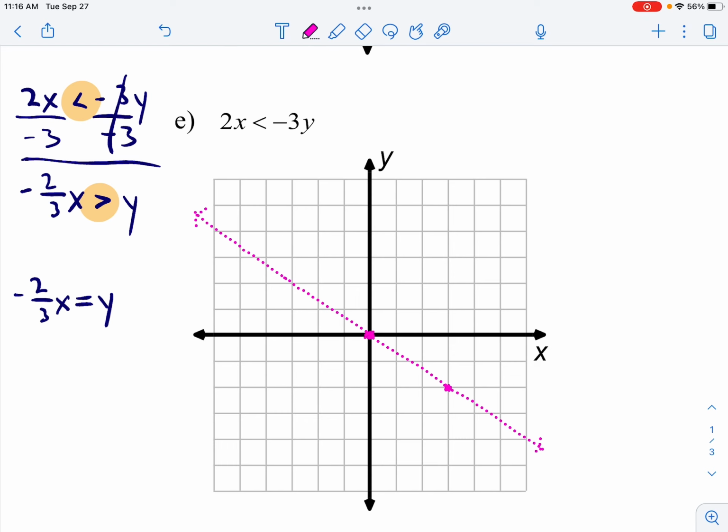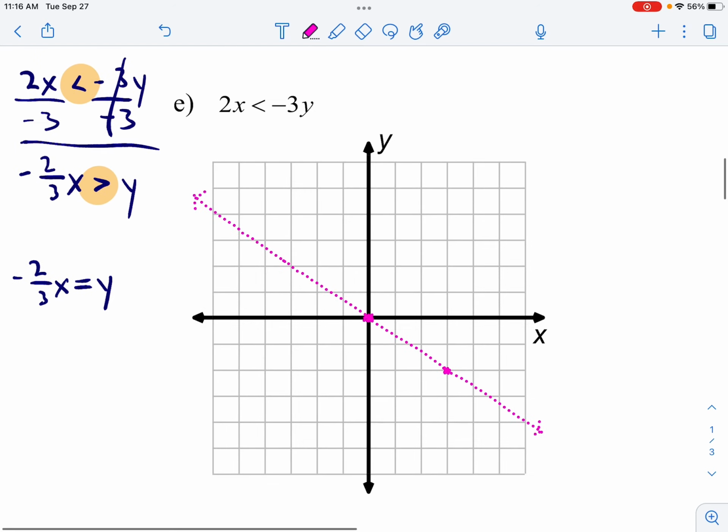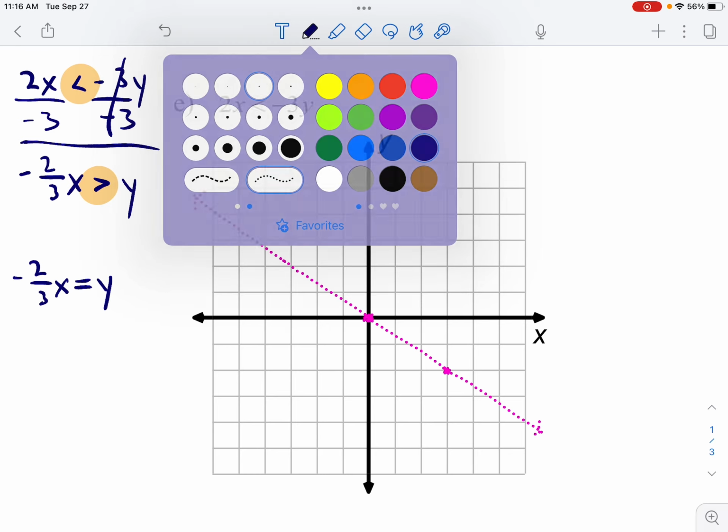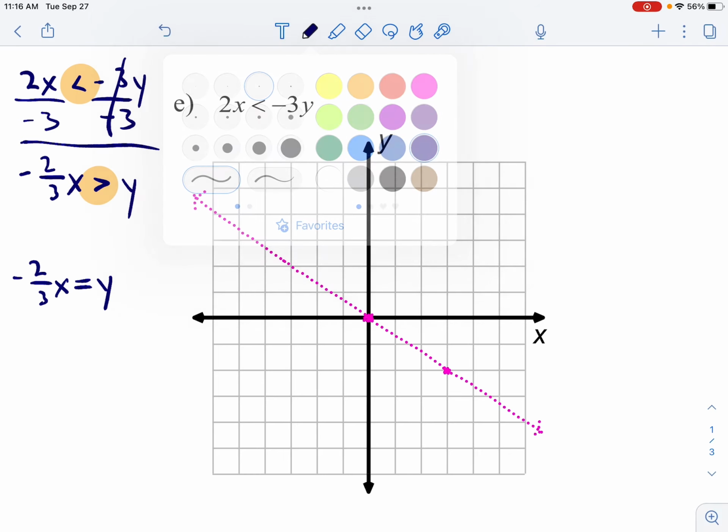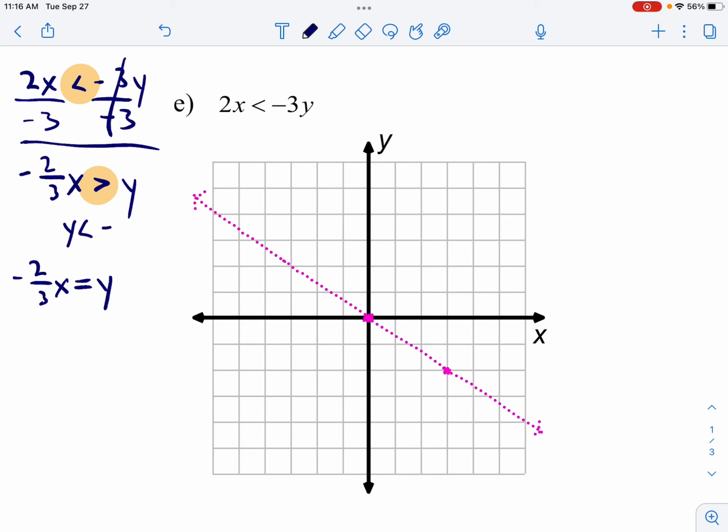There we go. Let's look at my inequality here. -2/3 x is greater than y. So here's the line where y is equal to -2/3 x. Now let's flip around this inequality. We need y to be less than -2/3 x.